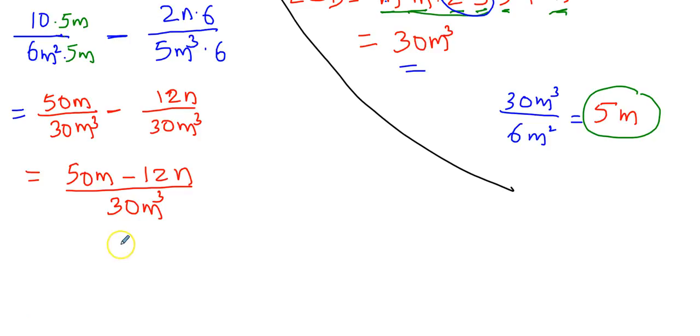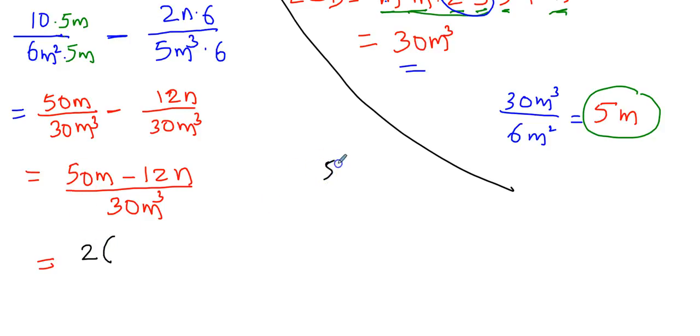Actually we can stop at this point, but I'm seeing some common factors in this numerator, so let us take out the common factor. What is common between 50 and 12? They both are even numbers, so 2 is the greatest common factor I see there. That is now 2 times.